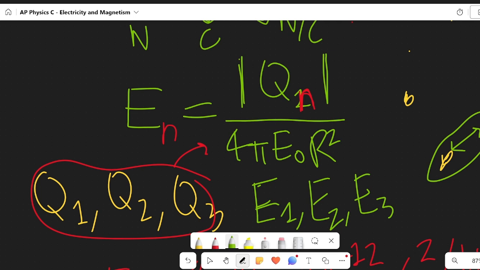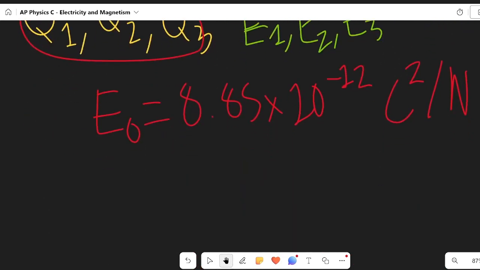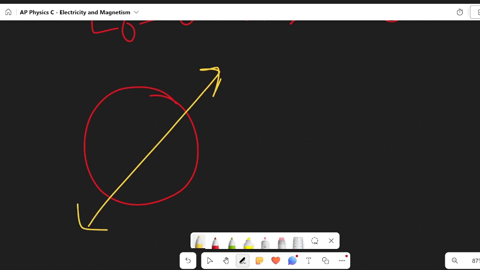Then to evaluate the direction that this red charge will go, we simply add E1 plus E2 plus E3. This is our principle of superposition. To visualize electric field in our system, we can draw electric field lines.